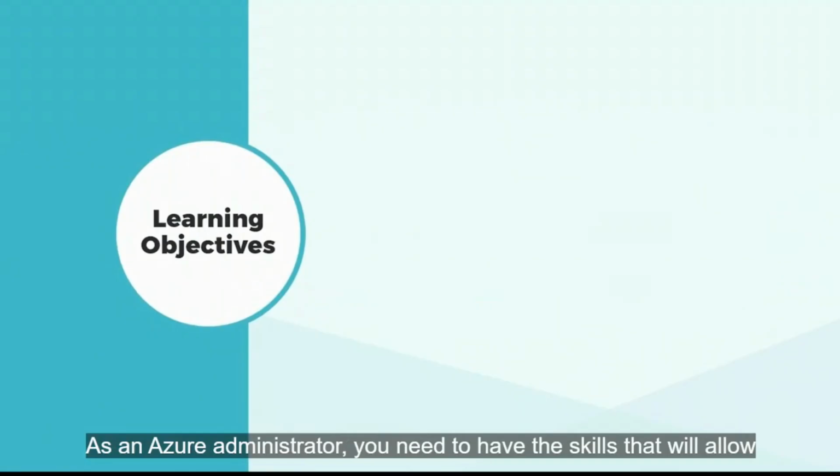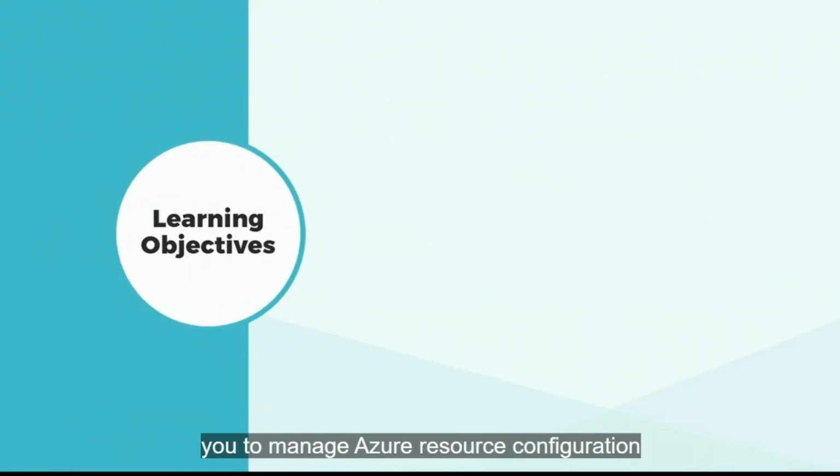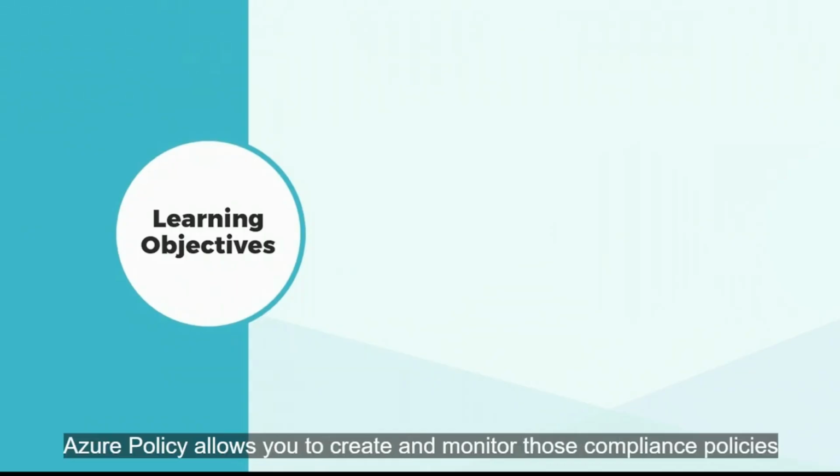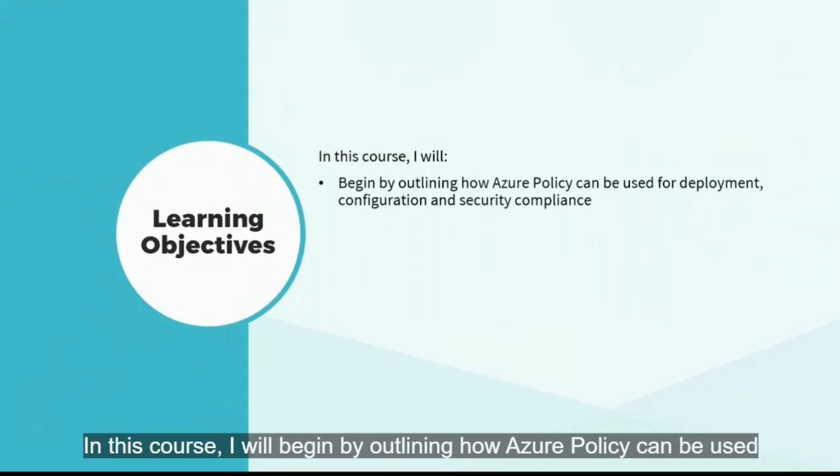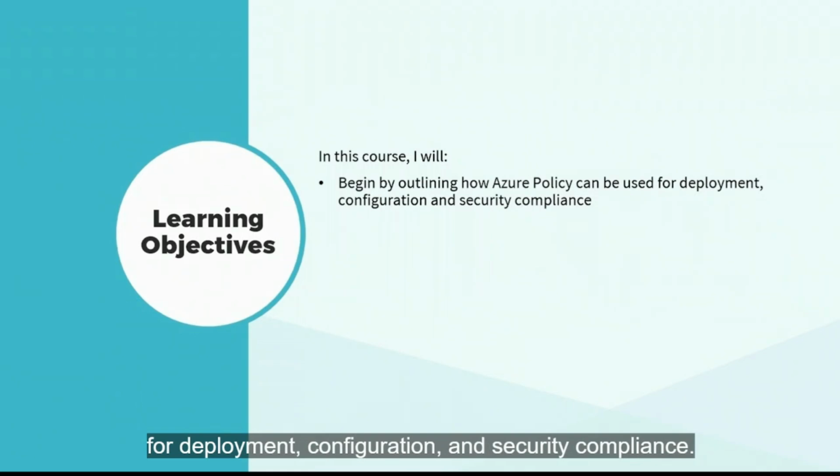As an Azure administrator, you need to have the skills that will allow you to manage Azure resource configuration and compliance with security standards. Azure Policy allows you to create and monitor those compliance policies with powerful dashboard capabilities. In this course, I will begin by outlining how Azure Policy can be used for deployment, configuration, and security compliance.